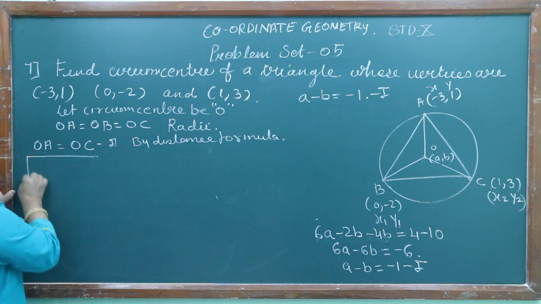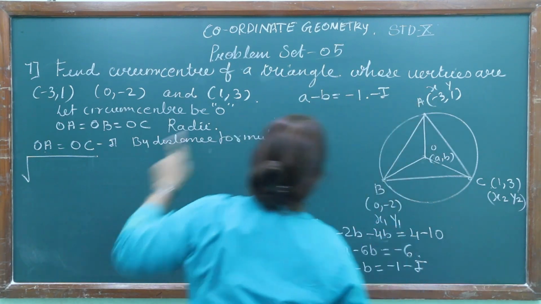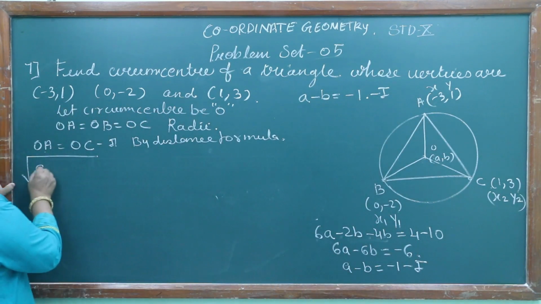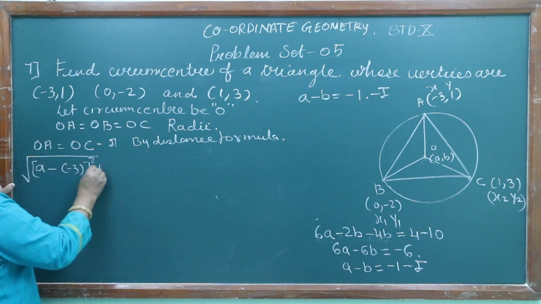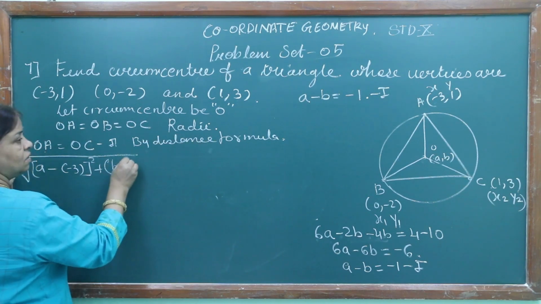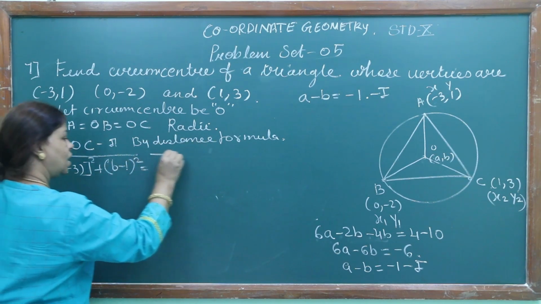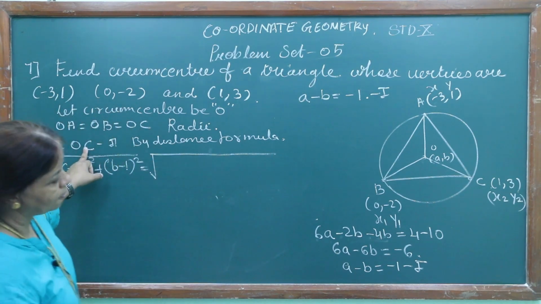Under the root, OA is a minus minus 3 the whole square plus b minus 1 the whole square, equal to under the root OC.